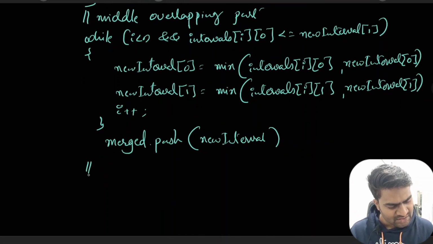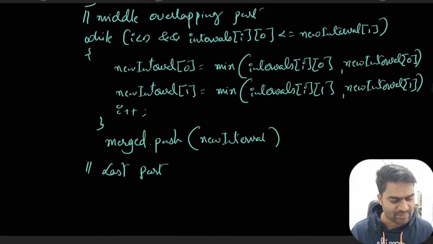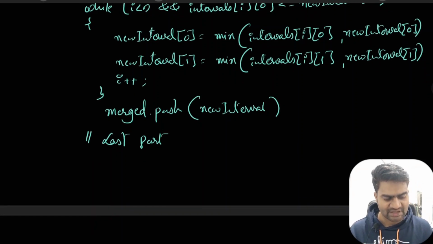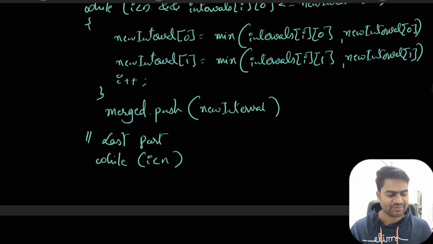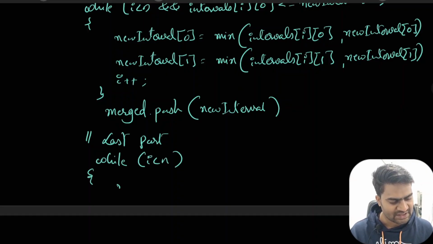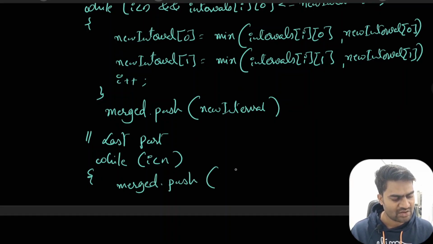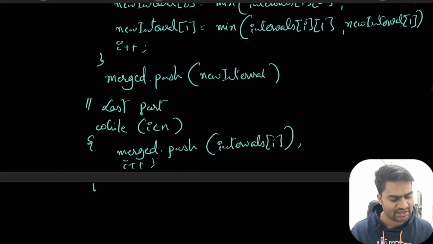Now if you see the last part, which is the non-overlapping part, whatever the remaining values are there, while i is less than n, I will simply say merged.push or add of intervals of i. Okay, then increment i, then finally close and return.